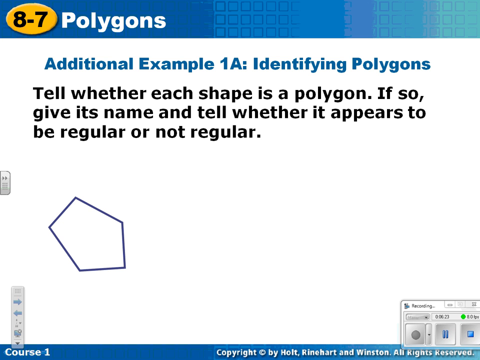What kind of polygon is it? Well, it's not regular, because it appears to be not regular, but give me its name. Pentagon, because it's got 1, 2, 3, 4, 5 sides. A 5-sided polygon is a pentagon.